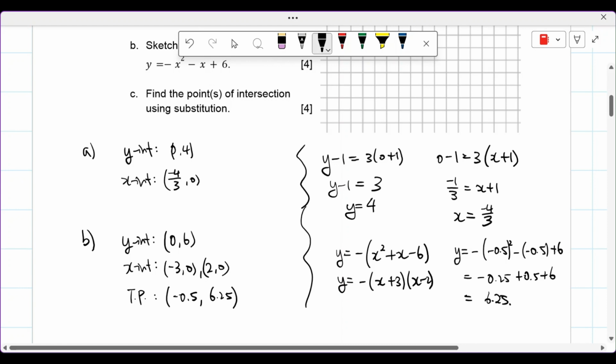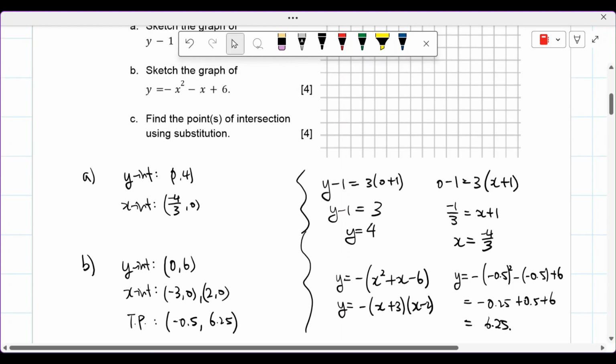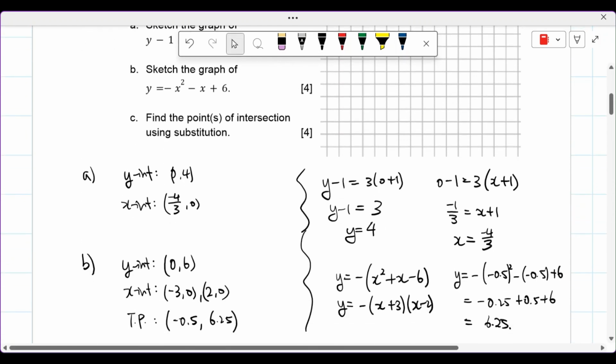Now that I know all these points and all the key features, I think we're ready to sketch the graph of these two functions. The first thing that I realize is that all my y values are non-negative. My x-coordinates go from negative 3 to 2.